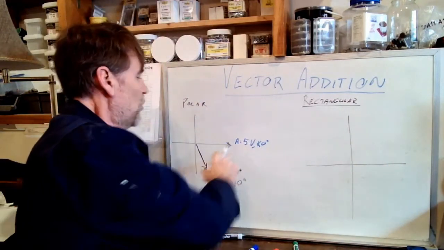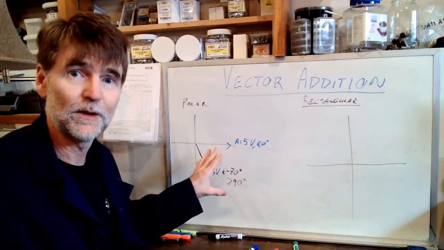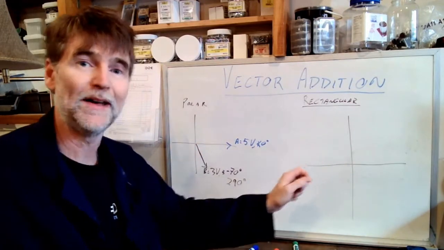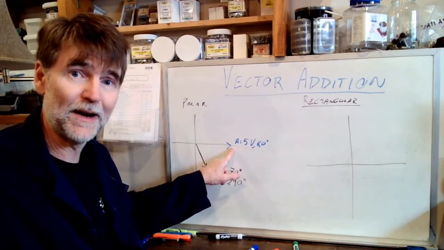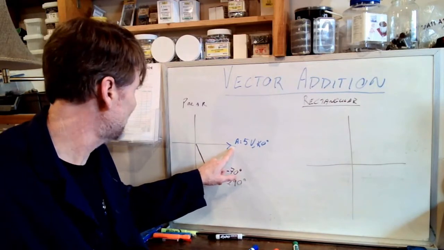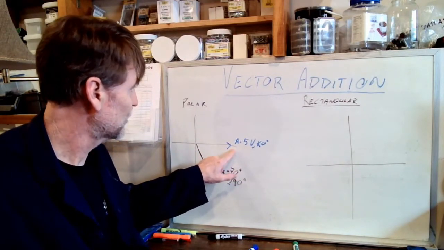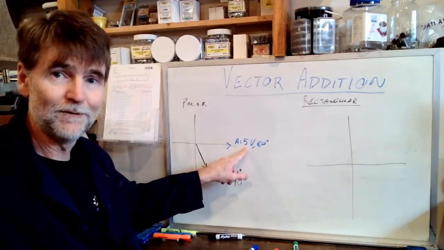So what we're going to do here is not draw a vector. We are going to plot a point which represents the tip of the vector right here. And this first one's easy because it's right on the x-axis. How far out the x-axis does it go? 5 volts.